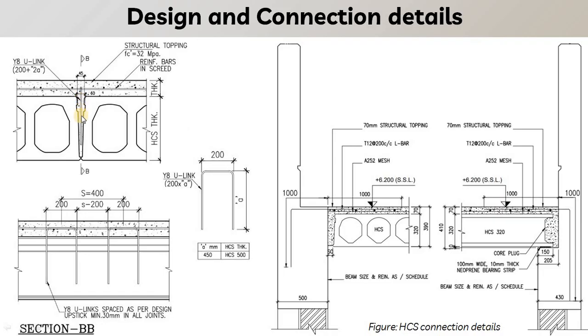And in this part the steel reinforcement is placed too, and that will be connected with the top bar of the topping. Here you can see some of the sections, in which you can see the bearing part, and this is the longitudinal section.